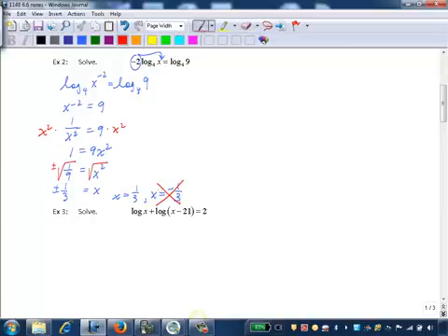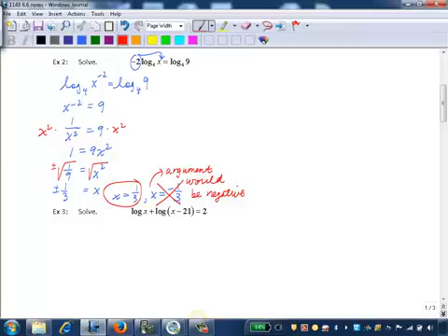So we have to exclude this. And if you just want to make a note here, that's because the argument would be negative. So our answer is just the positive 1/3.